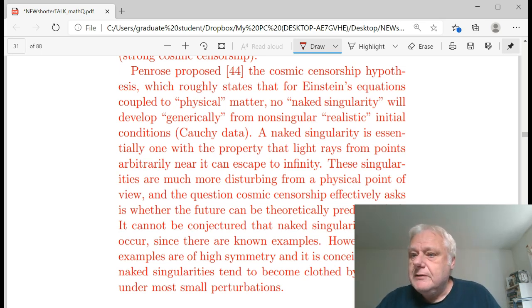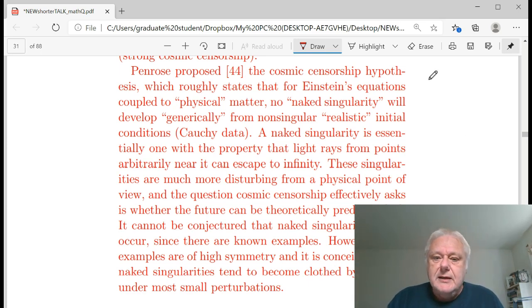Which basically asks the question, is the Schwarzschild situation where an event horizon develops the generic situation, or is it not the generic situation? How serious are these singularities going to be? Now, of course, this question has to be framed in a rigorous mathematical fashion.